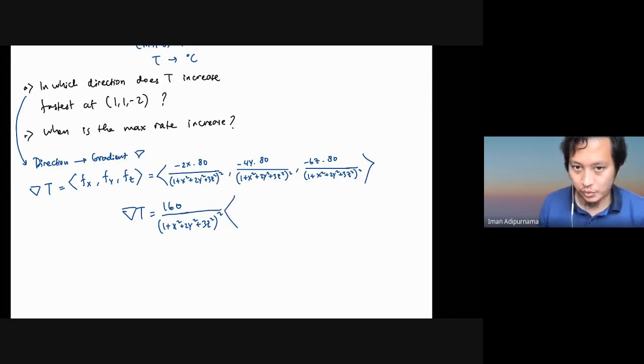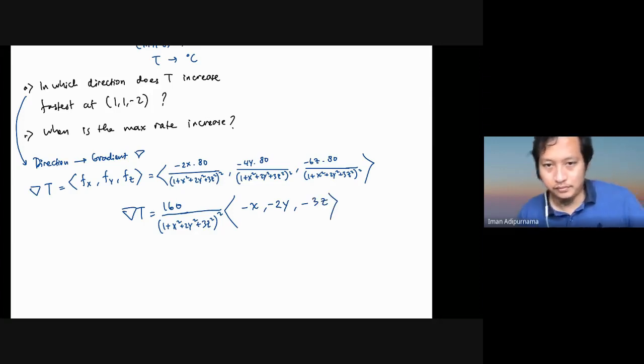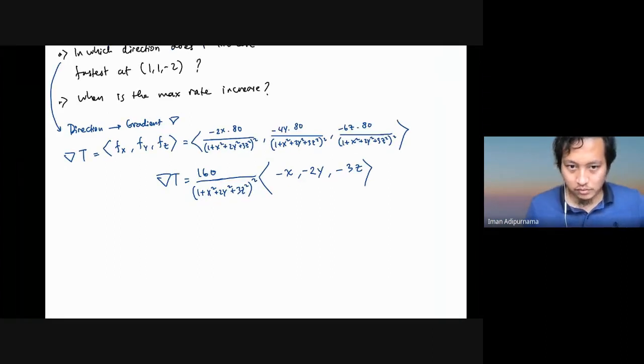So we are left with negative x and 2y and negative, it's 480, 863, 3z, right?